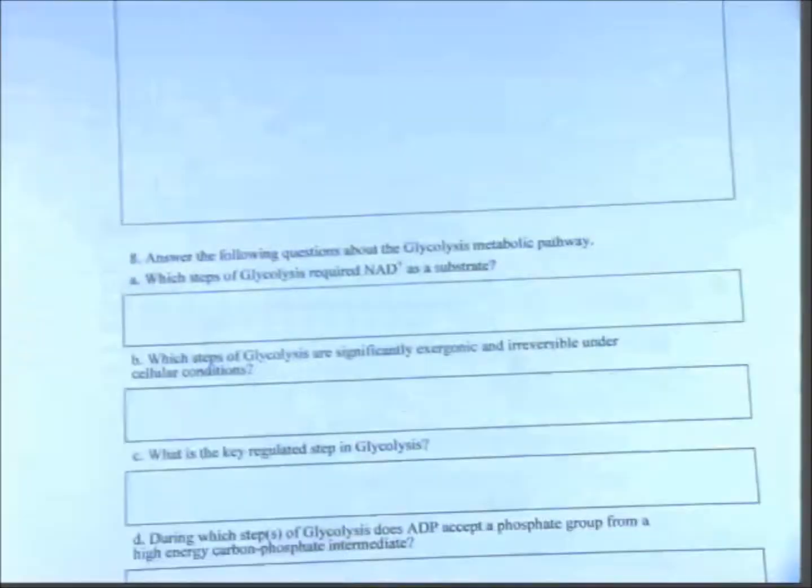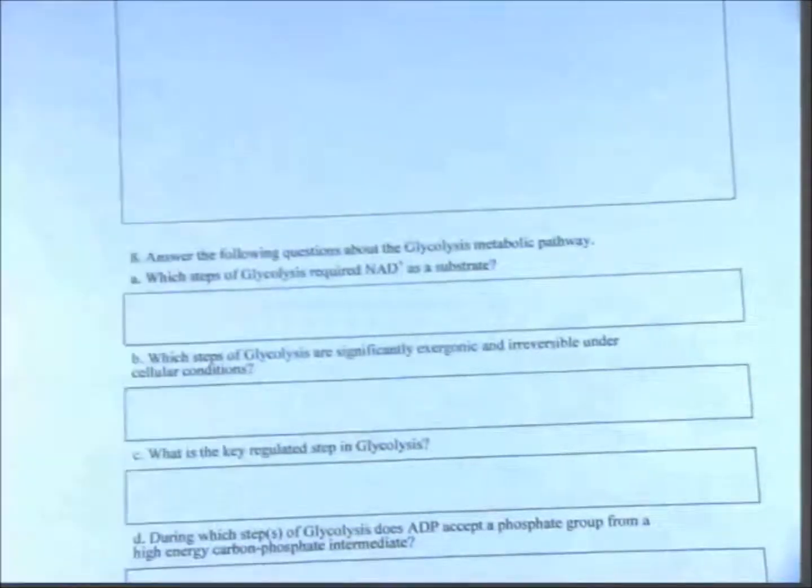Okay, which steps of glycolysis require NAD plus as a substrate? We can name this step, which is step 6, right? I don't like memorizing the step numbers. He doesn't require you to remember what step number it is, but you will have to identify things within that step.